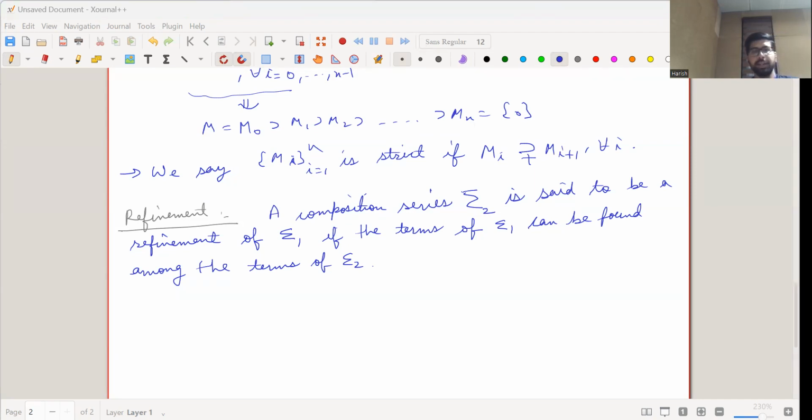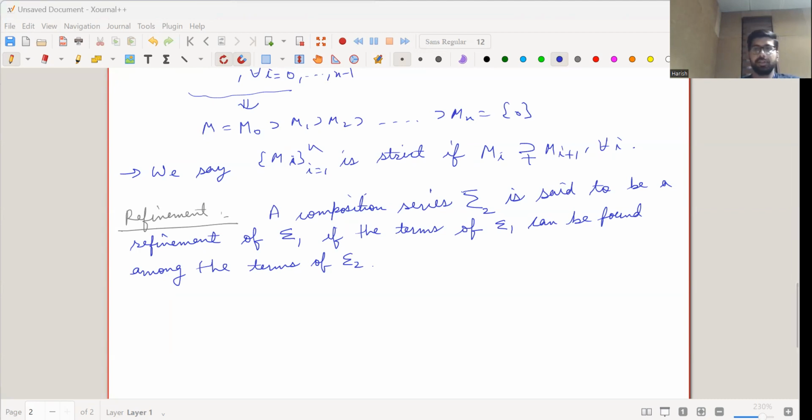We want to refine it to the maximum so that we can understand the module by the factors, and if you don't have a good refinement, then you won't get the information that you want. Maybe the next two definitions will clarify it.